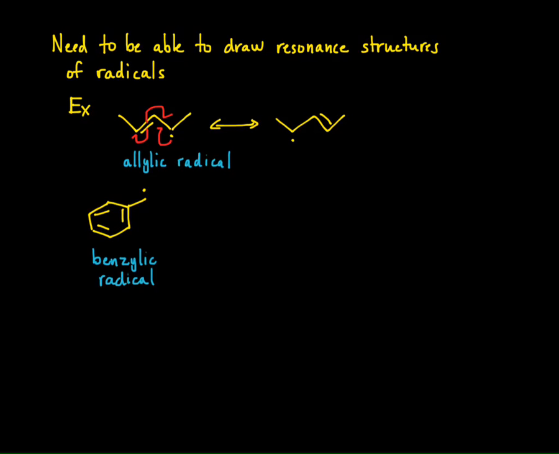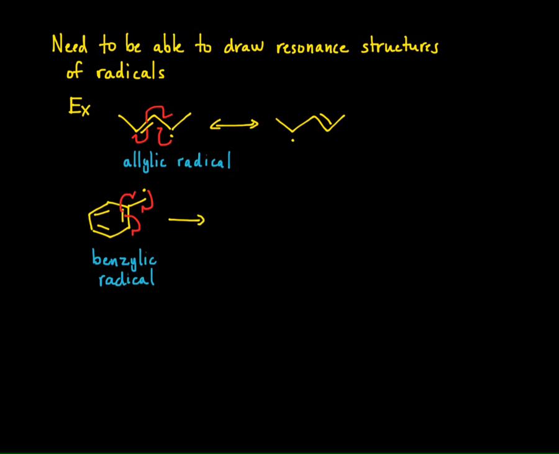Again, we have a situation where the carbon adjacent to that radical is an sp2 carbon. It has pi electrons, so we can use one of those pi electrons to create a new double bond with the radical. We take that radical and donate it in to form a double bond with one electron from that pi bond, and the other electron goes to the adjacent carbon.